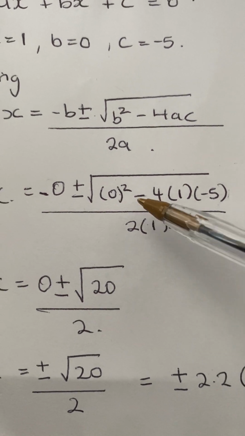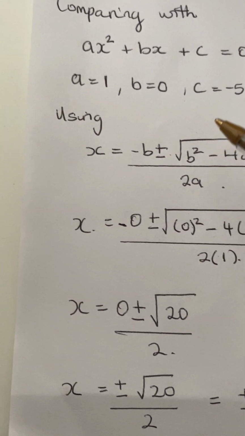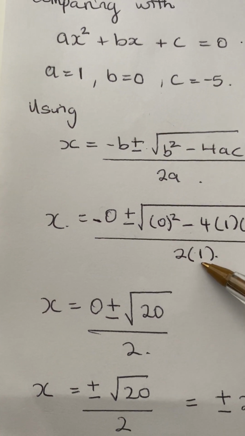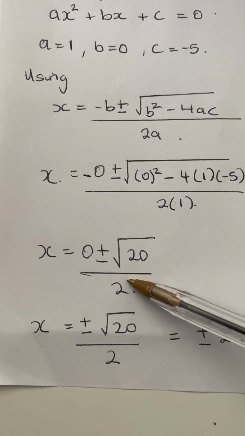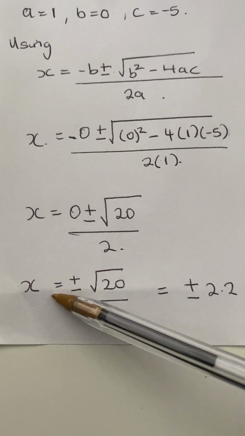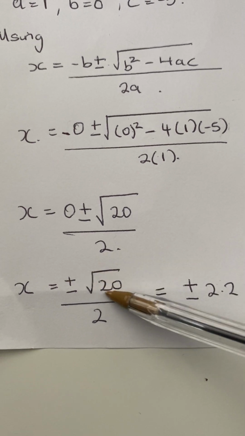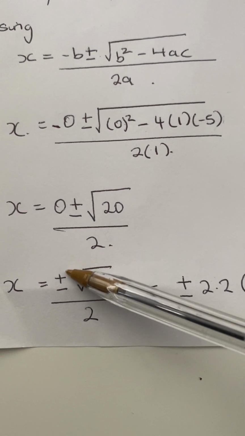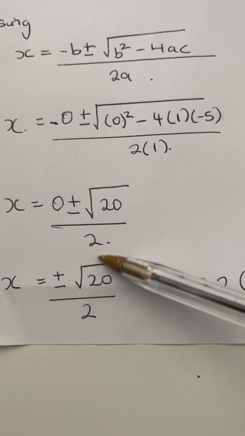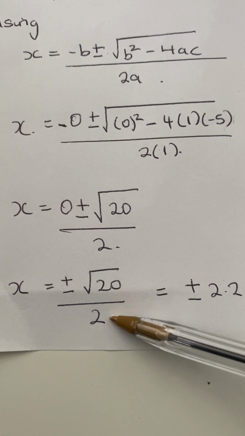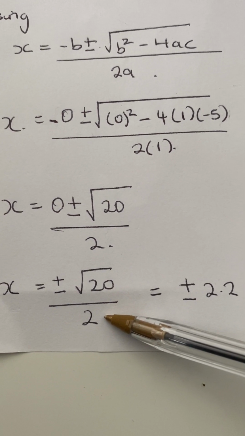All divided by 2a. a is 1, so 2a will be 2. So x now, if we simplify further, will give us plus or minus the square root of 20 divided by 2.